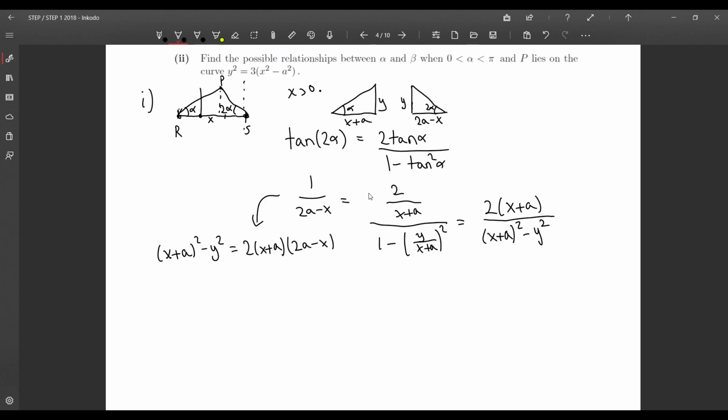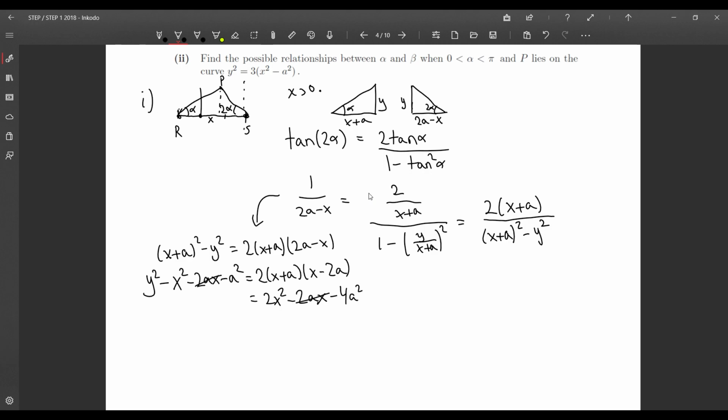I'm going to flip a sign here, so y squared, and then I'm going to expand out x plus a times x minus 2a, which is 2x squared minus 2ax plus ax, so minus 2ax, and then minus 4a squared.